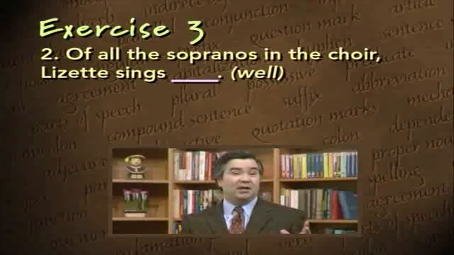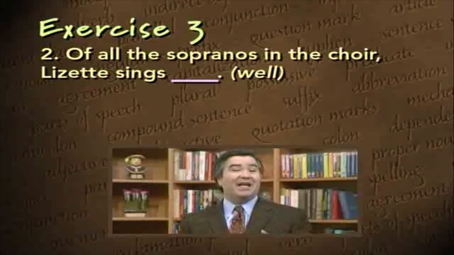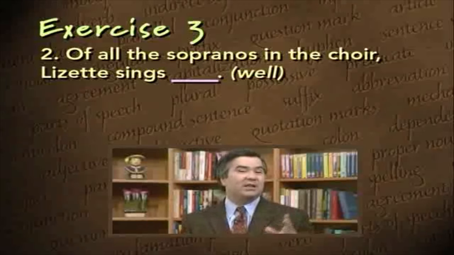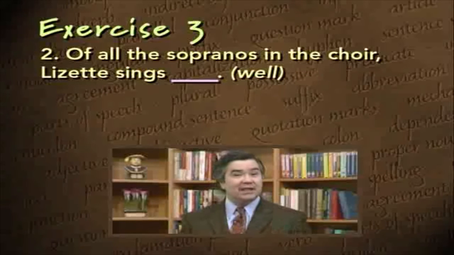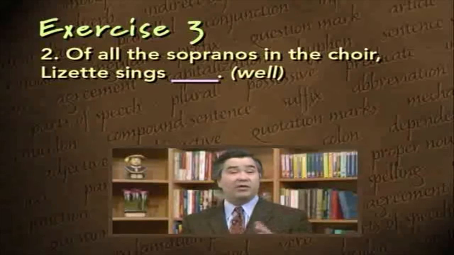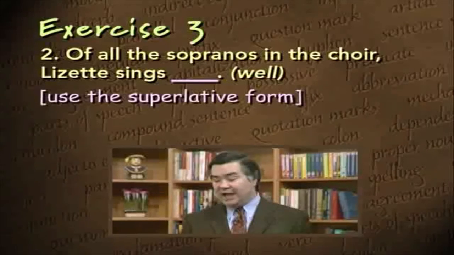It might say something like, of the two sopranos in the choir, or compared to the other soprano in the choir, something that would make it clear there's only two people involved. So the sentence certainly makes it sound as though there are three or more sopranos involved. So therefore, we want the superlative degree of the adverb well.